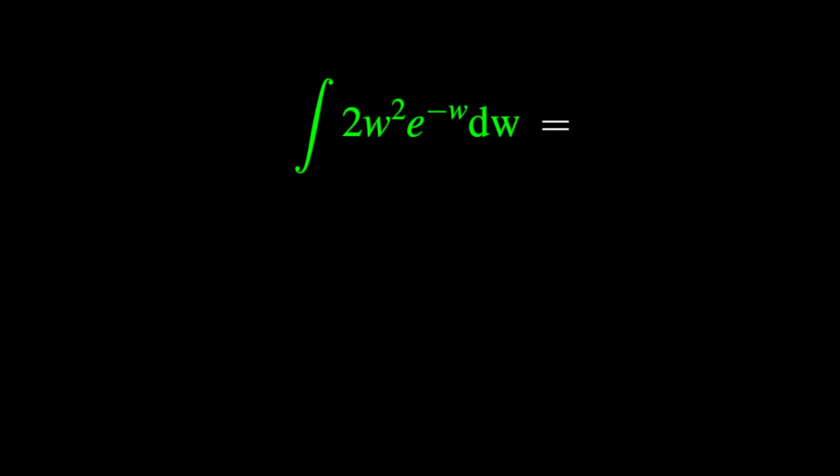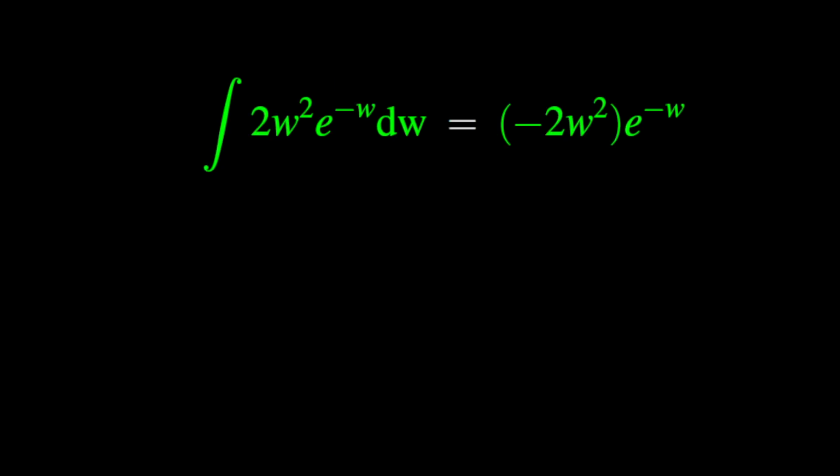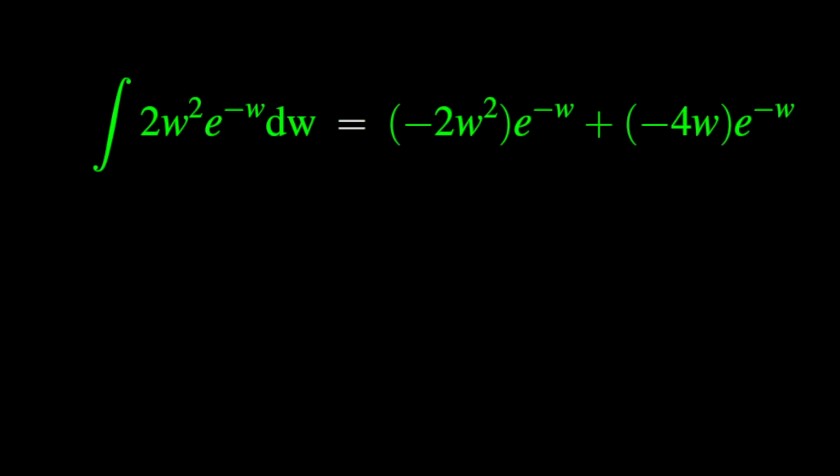Ultimately, combining the last two results, we see that the integral of 2w square times exponential of minus w dw is equal to minus 2w square times exponential of minus w, plus minus 4w times exponential of minus w, plus minus 4 times exponential of minus w plus a constant of integration c.